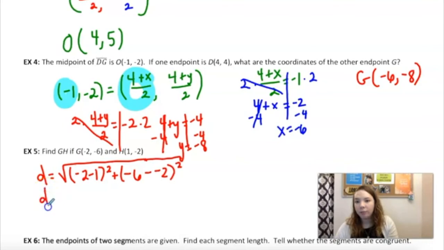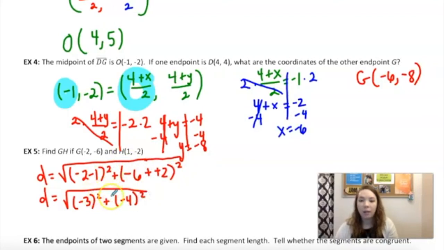So here, -2 minus 1 is -3 squared. -6 minus -2, you can add the opposite there, would be -4 squared. So this is going to be 9 plus 16, which is 25.